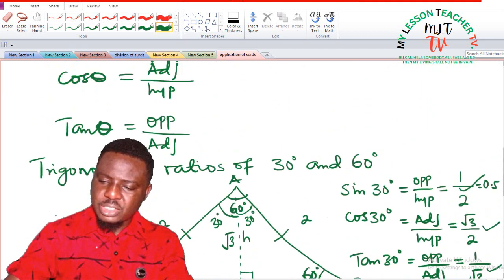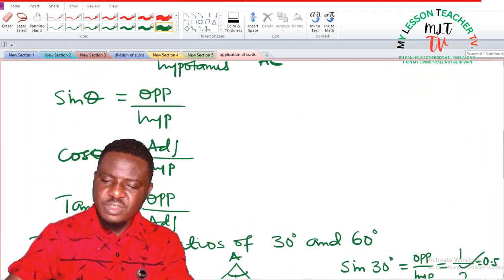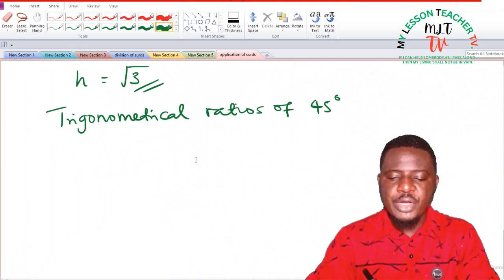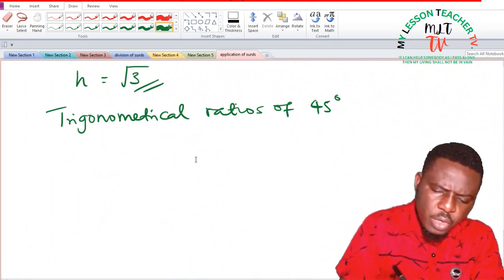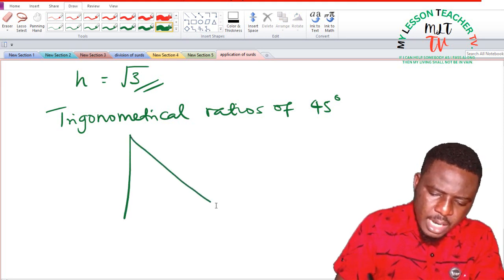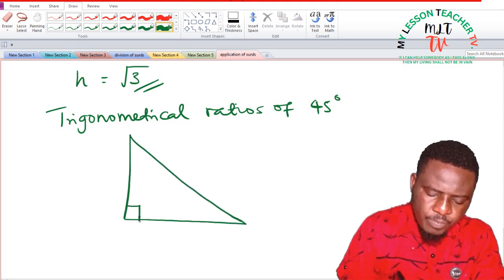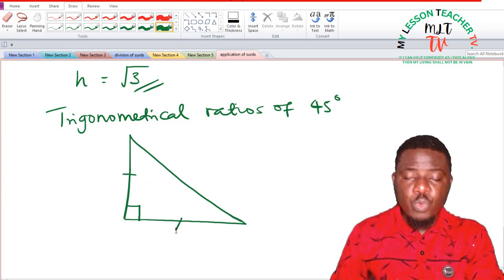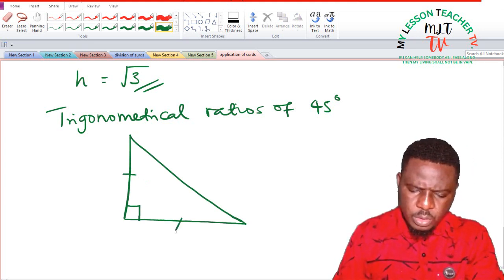Now, let's look at the trig ratios of 45 degrees and 90 degrees. For you to get the trigonometrical ratios of 45 degrees, we shall consider an isosceles triangle. An isosceles right angle triangle is a triangle with two sides being equal.